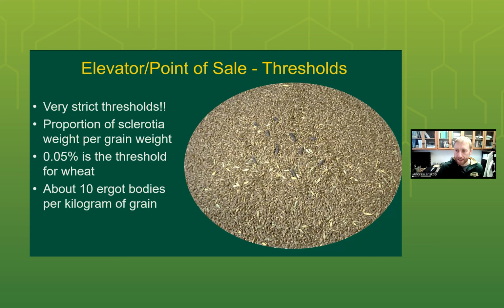It is not a lot to be able to be classified as ergoty. Now, if you move to a different small grain market, you're going to see that those thresholds will differ. Rye has a more forgiving threshold because it is more susceptible, but the big concept here is that it is a very strict threshold, and the reason why has to do with the alkaloids that are contained in those ergot bodies.